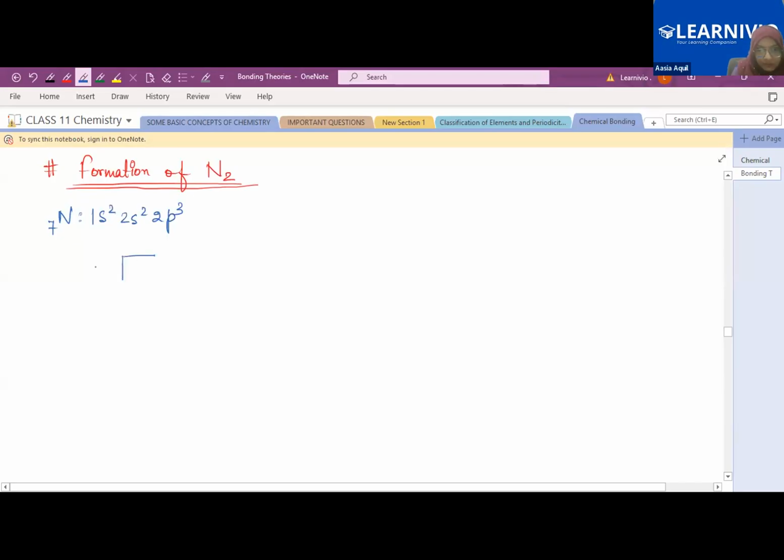Okay, and just draw the orbitals. This is your 2s. I'm not showing the innermost orbital. मैं 1s का draw नहीं कर रही, I'm just drawing the 2s orbital. This is 2s and this is your 2p. Similarly, for the next nitrogen, this is one nitrogen and this is another nitrogen. So this is your 2s and this is your 2p.